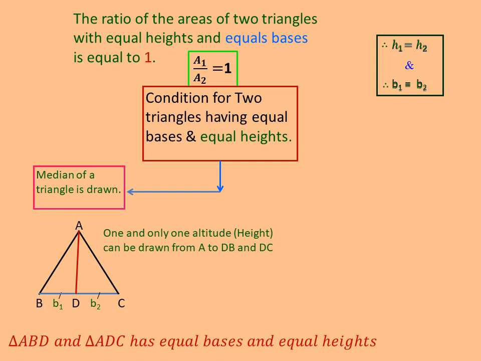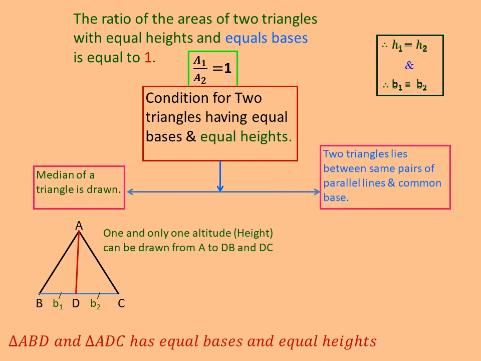Let us see the second property. Here we have two triangles that lie between the same pair of parallel lines and they have a common base. Okay, so here triangle ABC and triangle DBC are lying in the same pair of parallel lines. The parallel lines are AD and BC. Line blue and line green are the parallel lines.